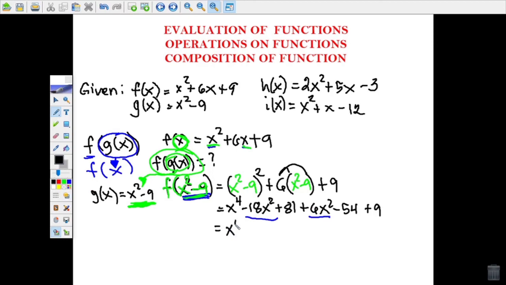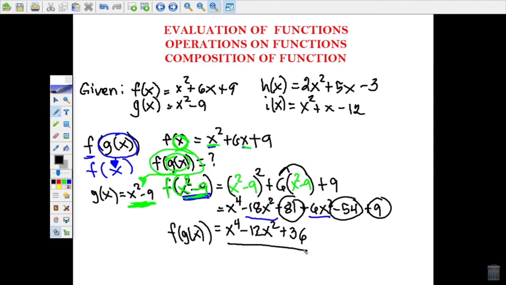So, copy muna si x raised to 4 minus 12x squared. Then, here, may mga constant term tayo. So, add natin 81 minus 54, that would become 27. Then, plus 9, that would become 36.